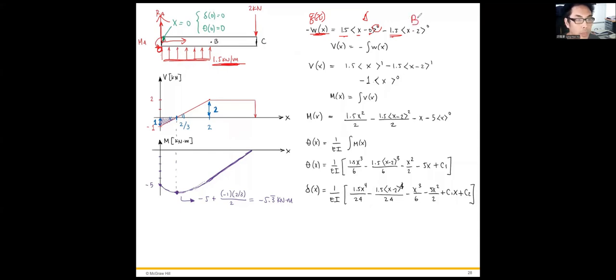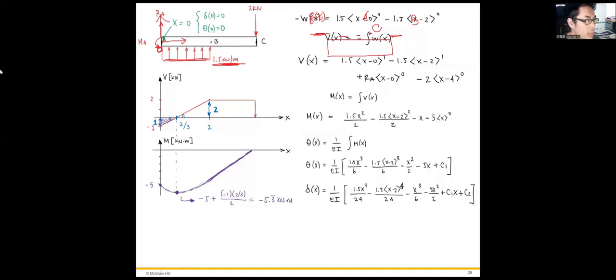And we already know the shear force equals the integration of the distributed load. Hold on, let me slow down a little bit.